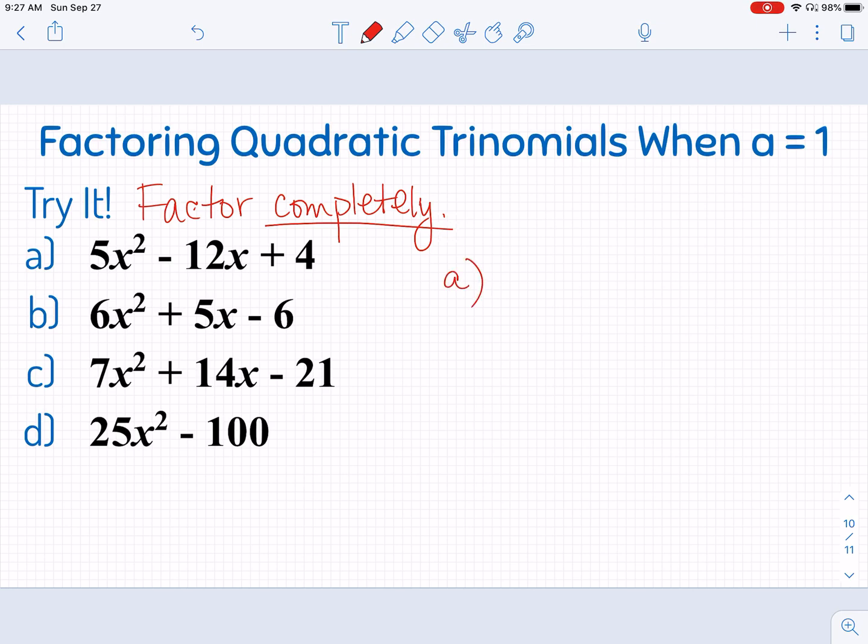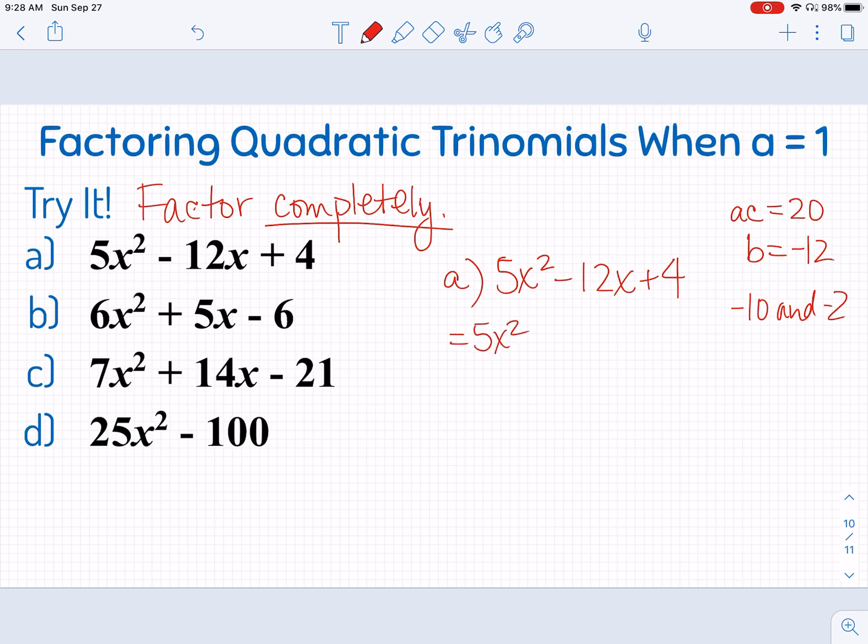So A. I am going to be looking for factors of AC with a sum of negative 12. So my factors are negative 10 and negative 2. So I'm breaking my negative 12x apart into negative 10x and negative 2x.